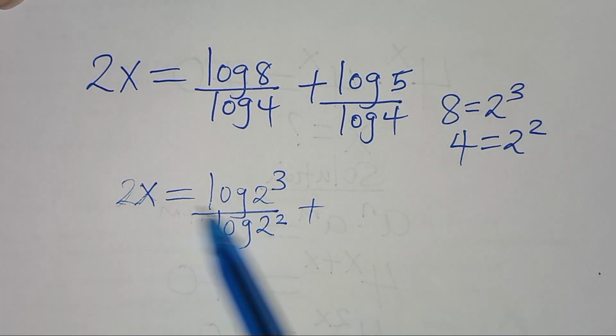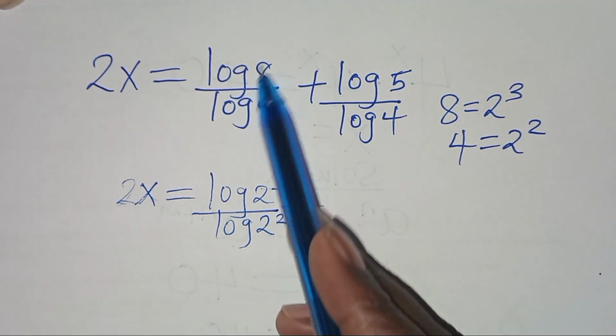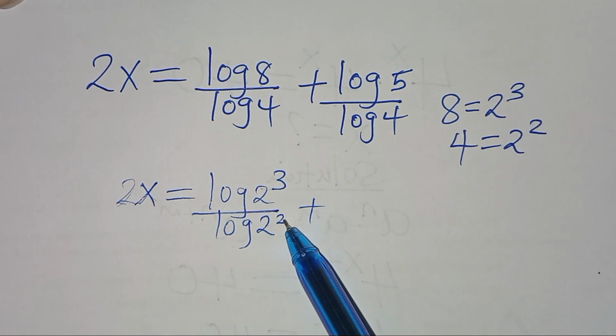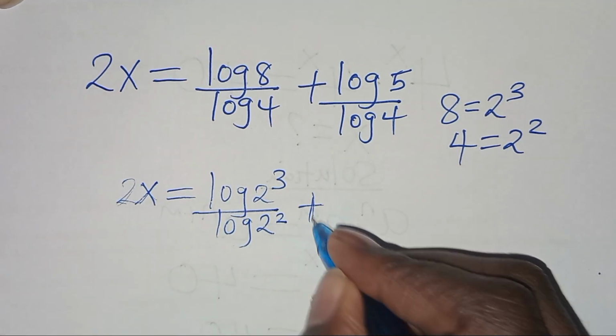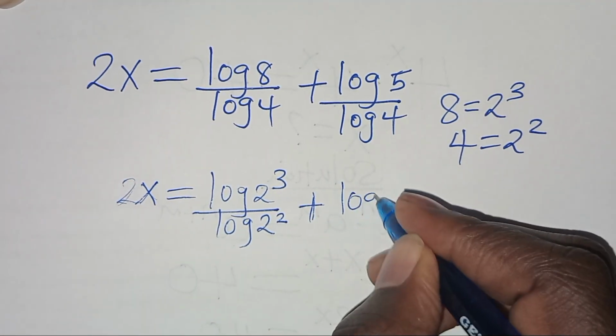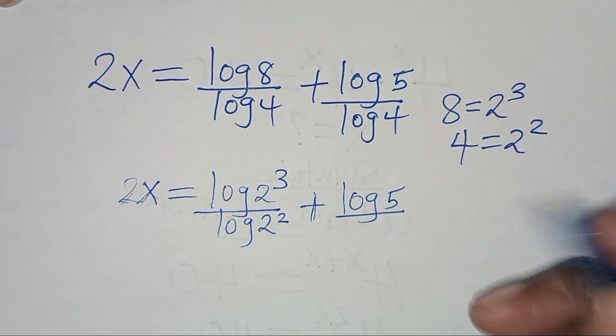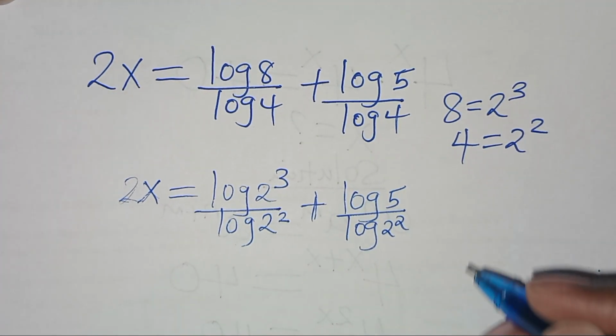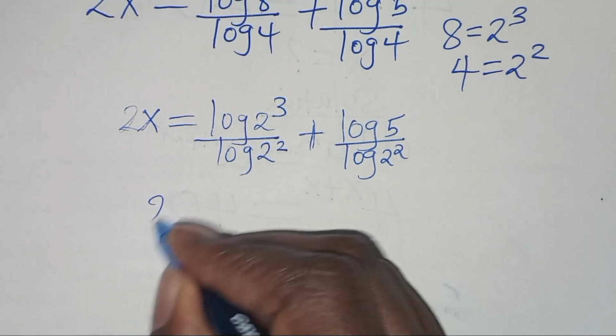Substituting 8 here with 2 to power 3 divided by log 4, which is log 2 to power 2, then plus log 5 divided by log 4, which is log 2 to power 2. So we proceed here, we'll have 2x.